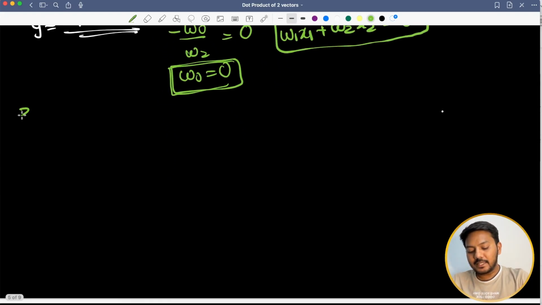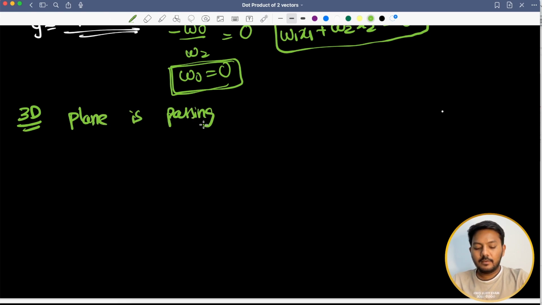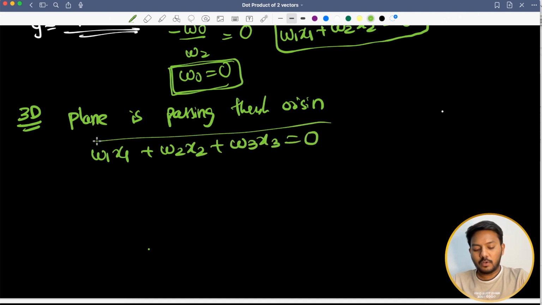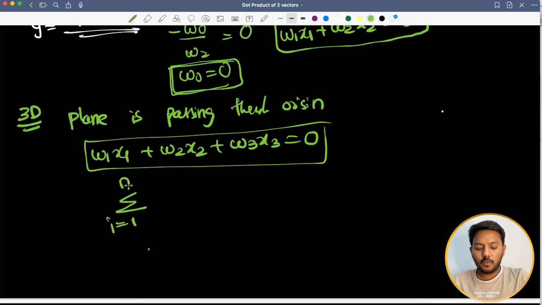So what happens in case of 3D? If my plane is passing through origin, then my equation would be w1 x1 plus w2 x2 plus w3 x3 equal to 0. So in n dimensions, it would be sigma i equal to 1 to n wi xi equal to 0.